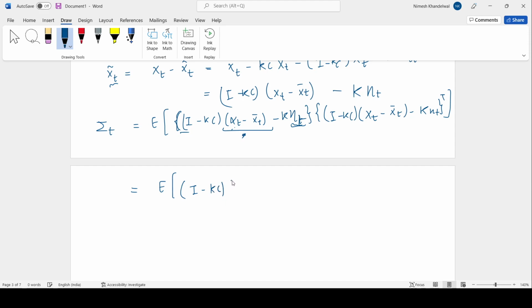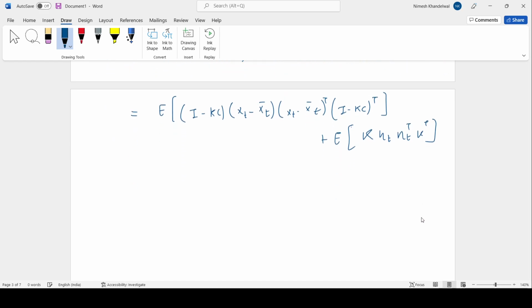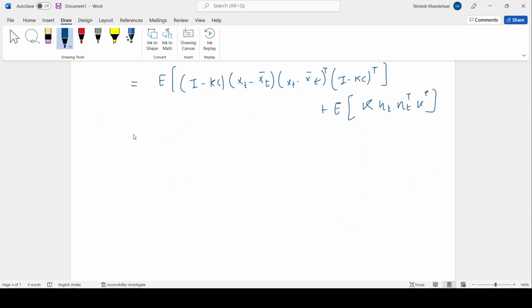So I'm not writing it in the final equation. This is my x of t minus x bar t, x t minus x bar t transpose, times I minus K C transpose. This is one term, and this is the second term that will be non-zero after we take the expectation. Just remember that. This is my K eta t eta t transpose K transpose. So what does this turn out to be?